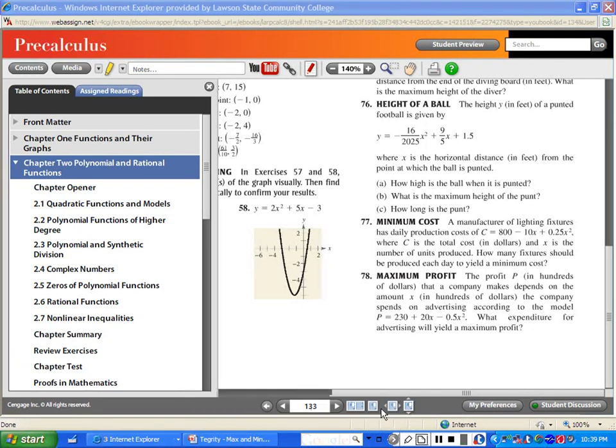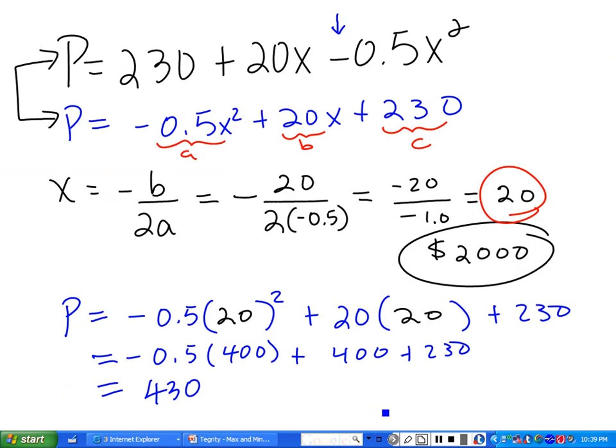So what we really need to do is multiply this 430 times 100, and we get 43,000. So the profit that they expect to make would be $43,000 if they would invest $2,000 in advertising.